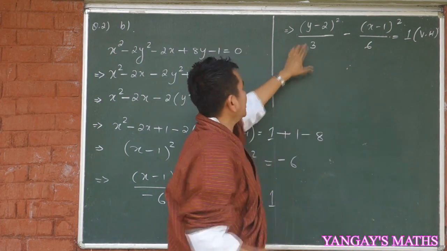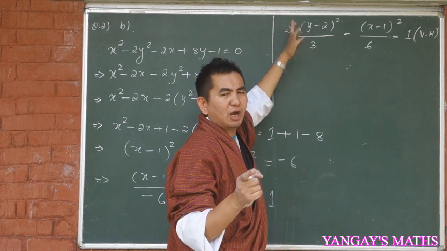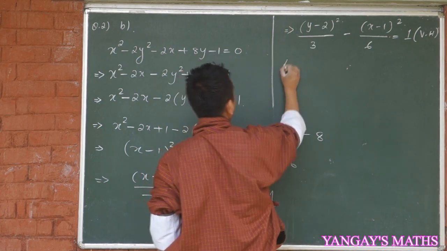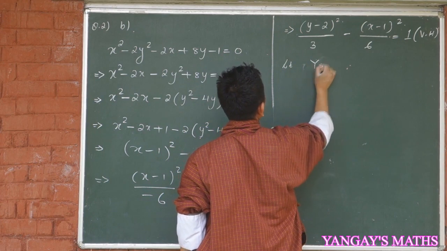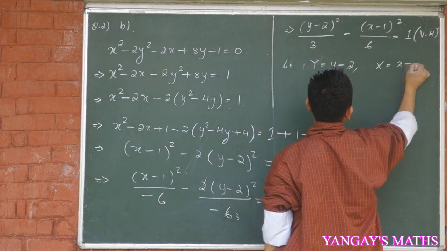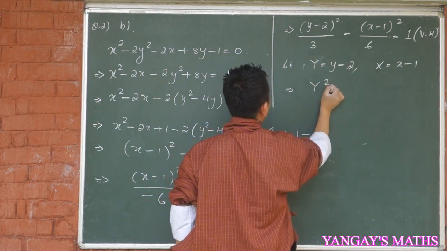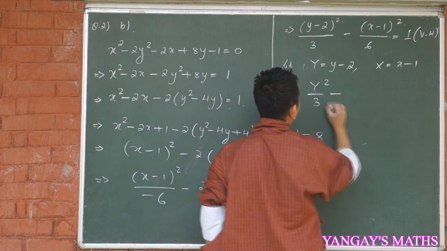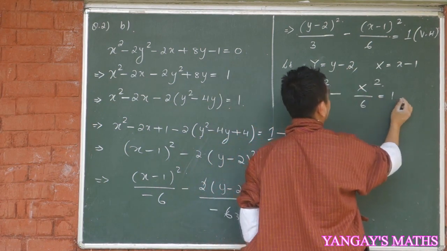So what will you do? The center of this hyperbola is not at the origin. It is somewhere else. So you need to check. Let capital Y be equivalent to y minus 2 and capital X equal to x minus 1, as usual, which implies this becomes capital Y squared by 3 minus capital X squared by 6 is equivalent to 1.